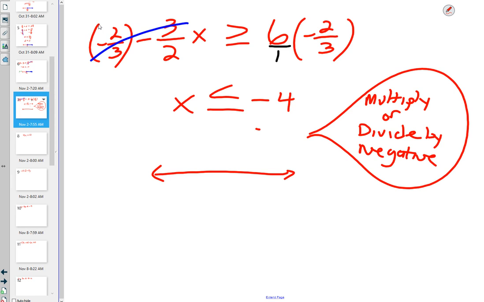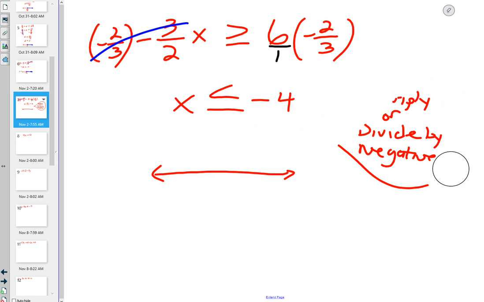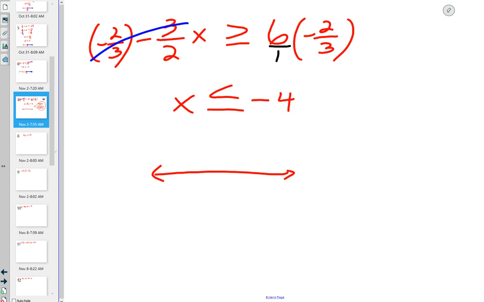In this case, what did I do? I multiplied by negative 2 over 3 on both sides. The only difference would be if the little line wasn't under, when you flip it, it still wouldn't have the line under.